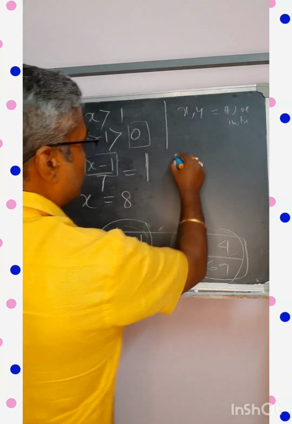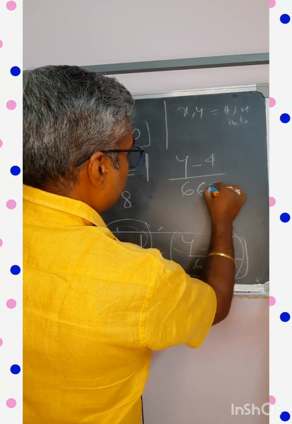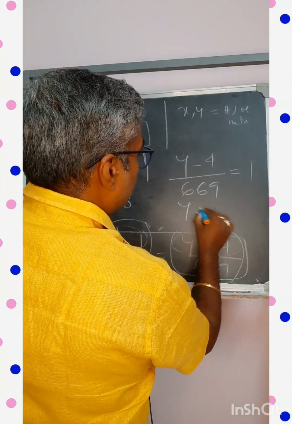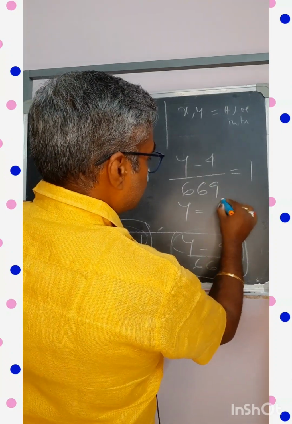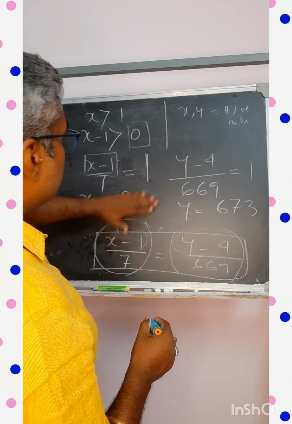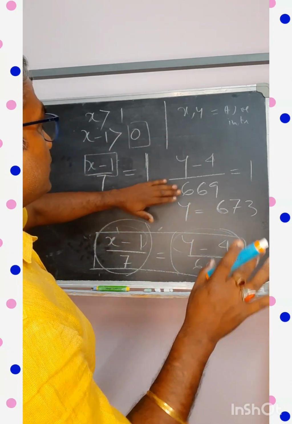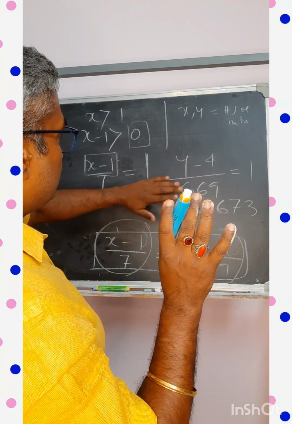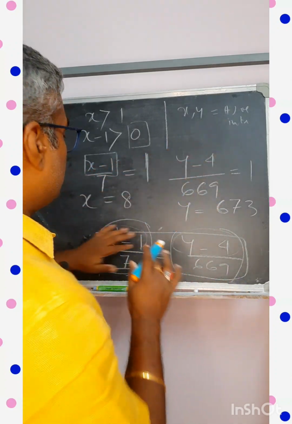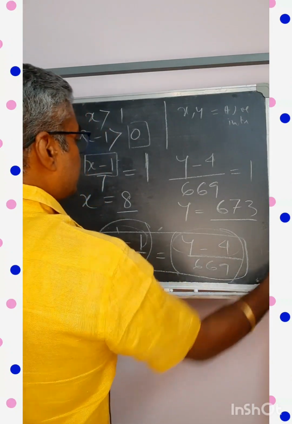Now similarly, if both sides are equal to 1, that means this side also has to be equal to 1. So y you are getting is 673. So the minimum value of x and y which will satisfy the condition of positive integers would be x equal to 8 and y equal to 673.